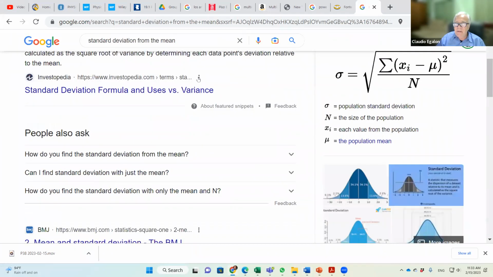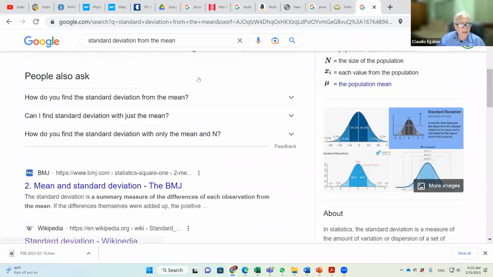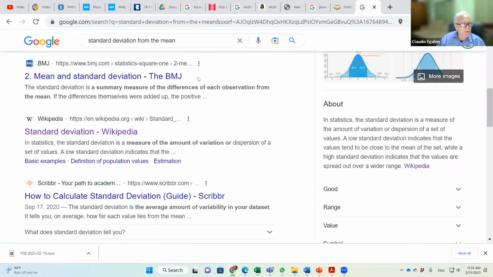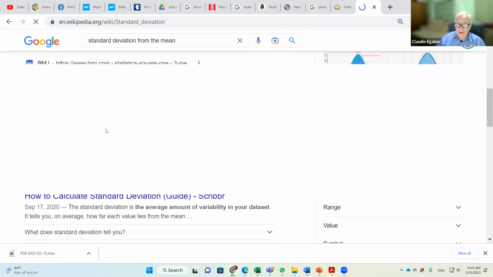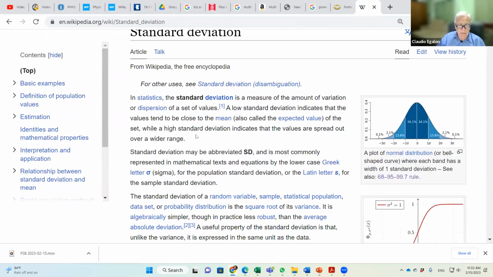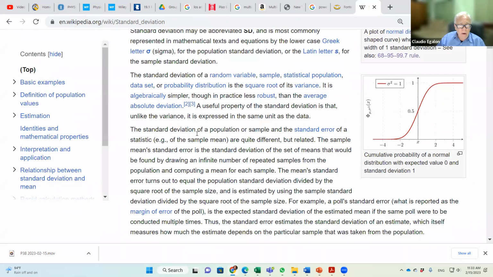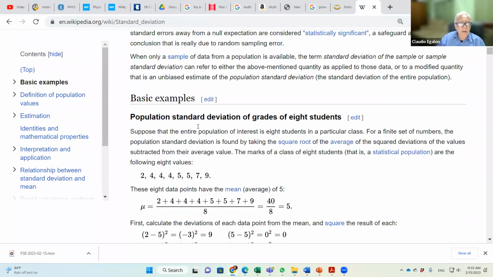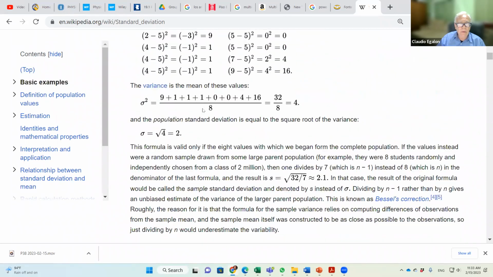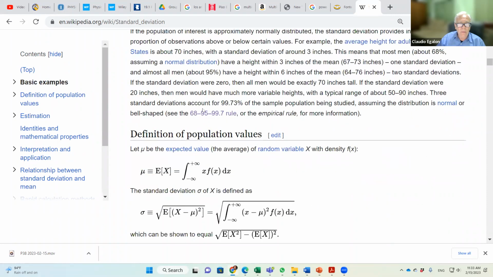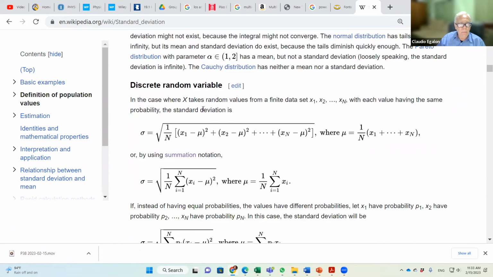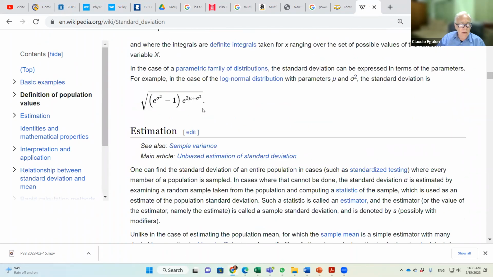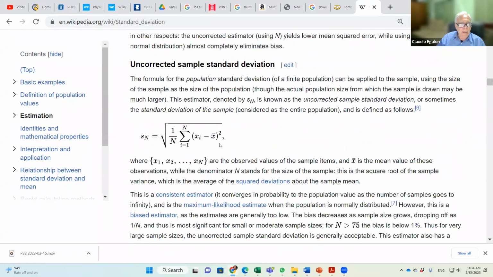Let's see, standard deviation from the mean. Standard deviation from the mean is not much different. It's just sigma divided by square root of n. It doesn't look like they have it here, but anyway.